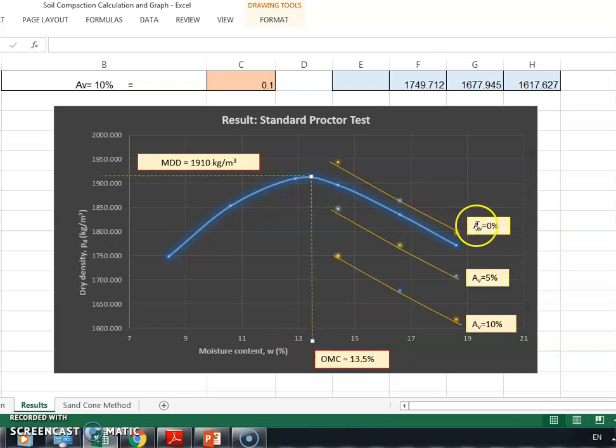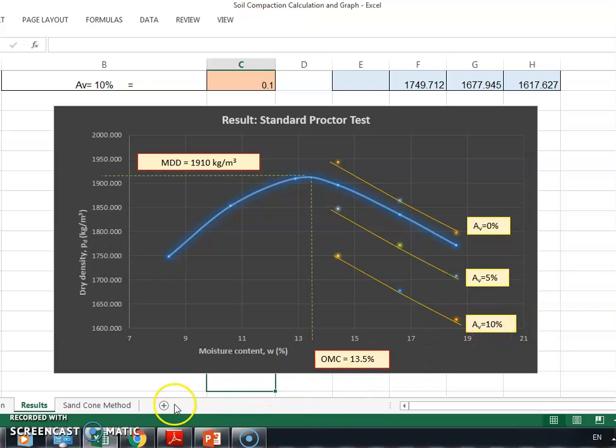We can also plot the air void of 0%. This is the zero air void curve, and an air void of 5% means your compaction is okay, because your compaction is below the zero air void, and also the air void of 10%.